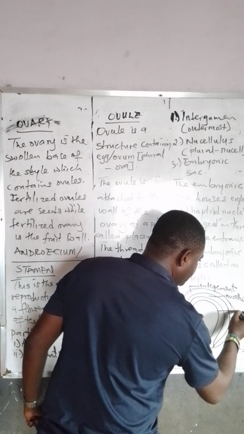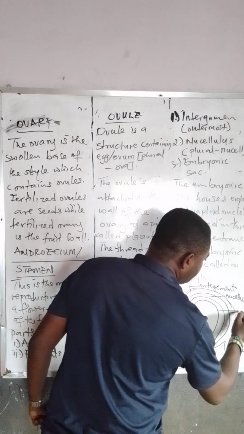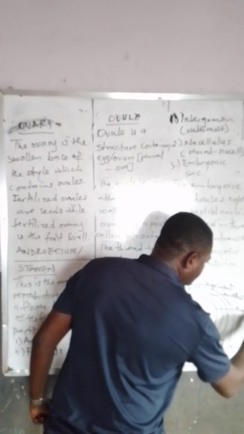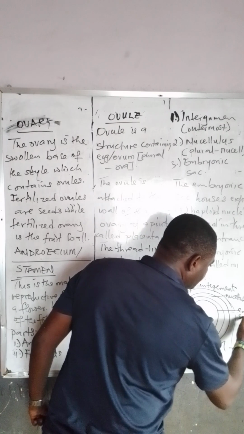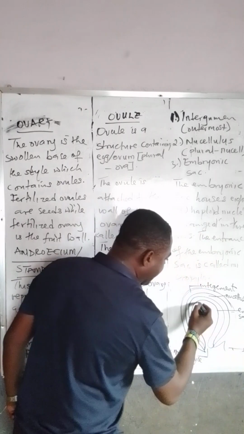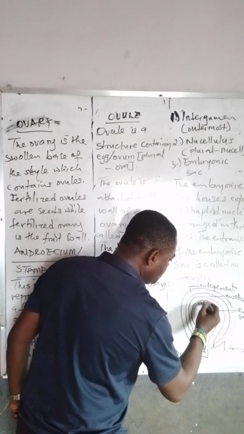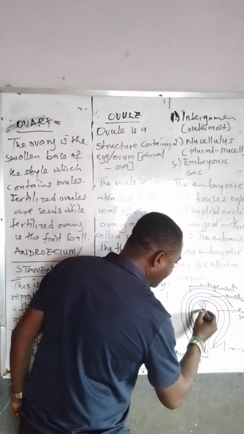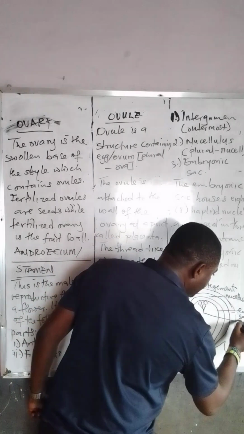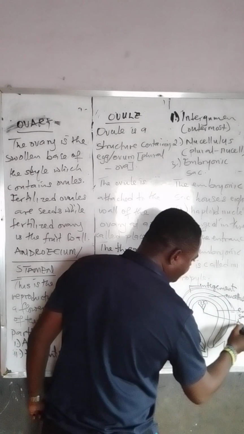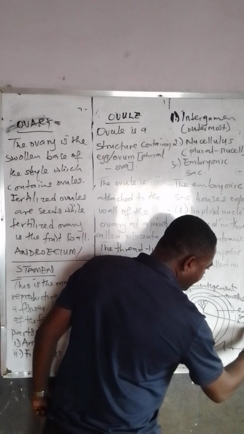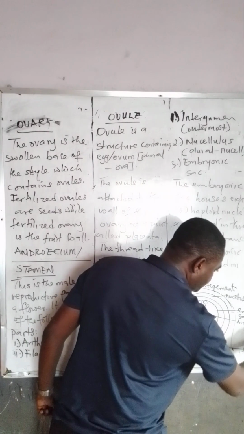This is embryo sac. So inside the embryonic sac, here, these 3 haploid nuclei, they are called antipodal cells.